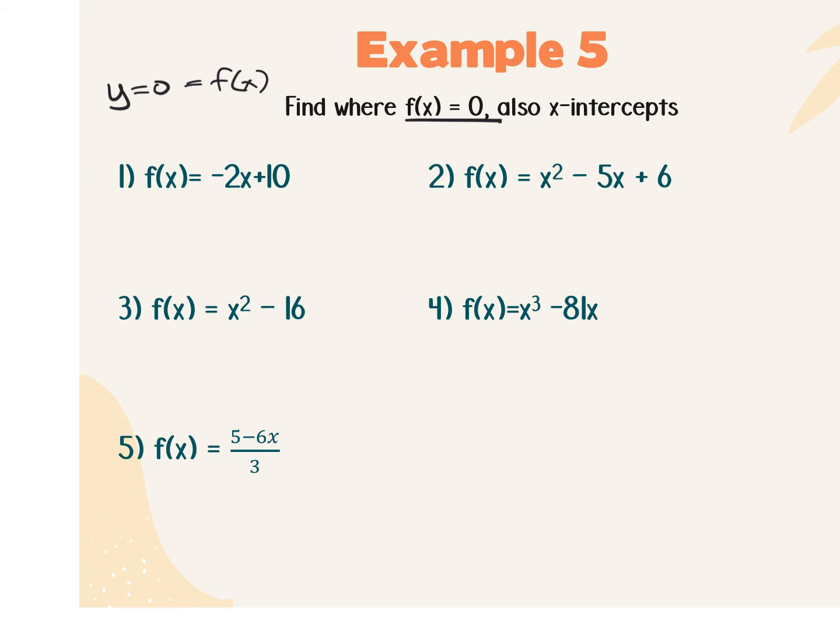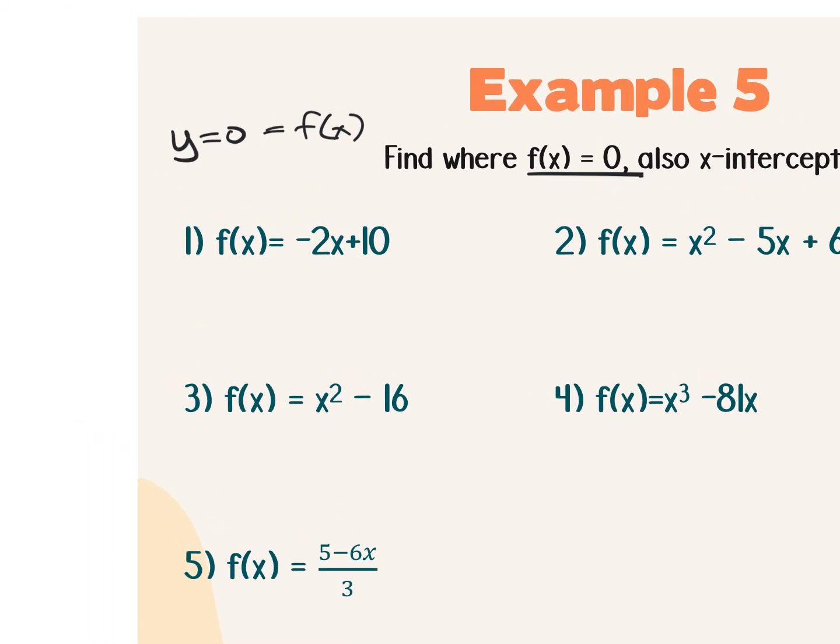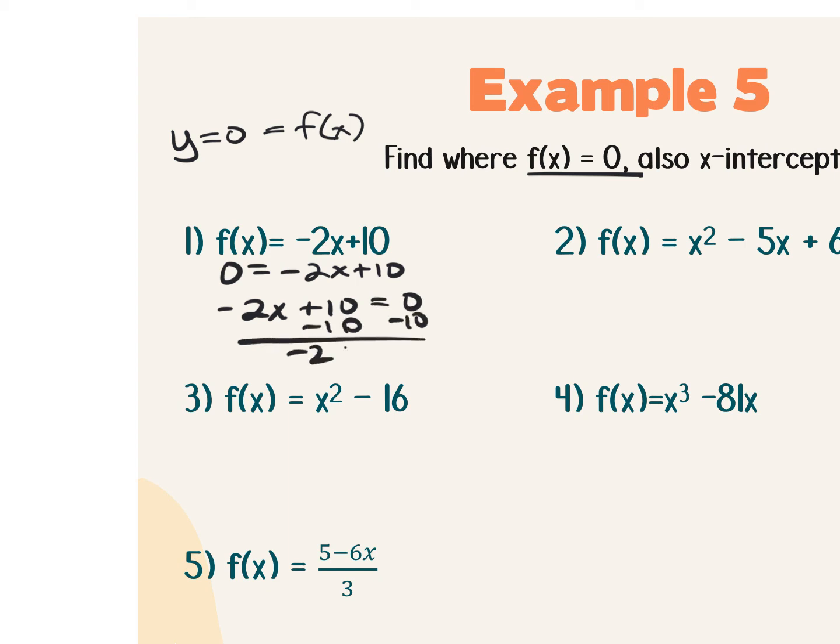So I'm going to go ahead and take my function and set it equal to 0. So really what I'm doing is 0 equals -2x plus 10. Actually, I'm going to just flip it around. So it's -2x plus 10 equals 0. Subtract 10. -2x equals -10. Divide by -2.